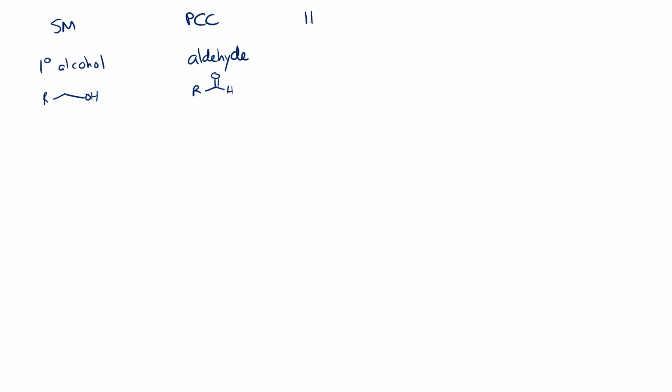If we use chromic acid, H2CrO4, we get a carboxylic acid, because H2CrO4 is kind of the big hammer of oxidations. H2CrO4 will keep oxidizing this compound until there are no hydrogens remaining on that carbon, so we go all the way up to a carboxylic acid. So alcohol to carboxylic acid, we can do that using H2CrO4. Secondary alcohol.